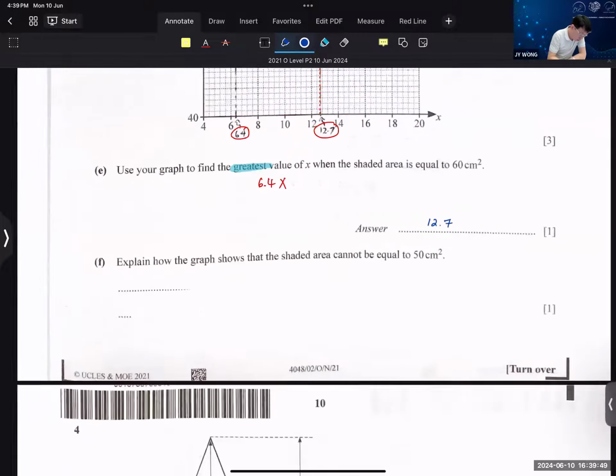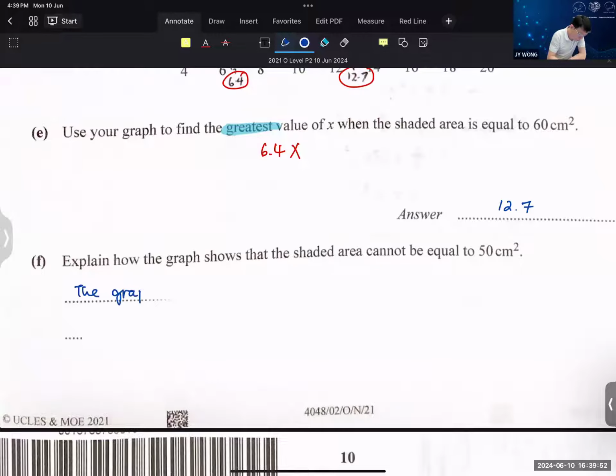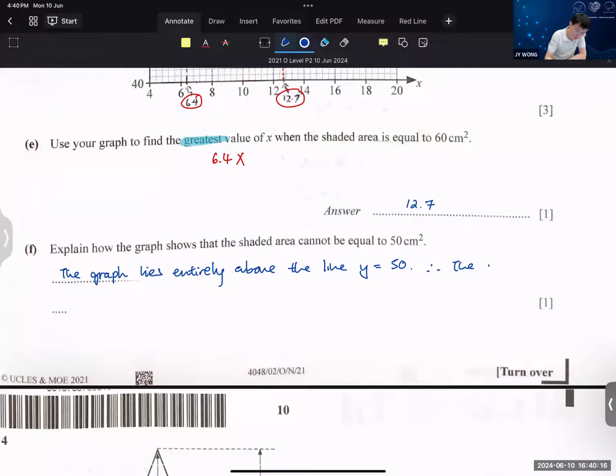Okay, so the graph does not intersect, or rather, you don't just tell me it does not intersect. The graph lies entirely above the line y equals to 50. Therefore, the shaded area must be more than 50 cm squared. Done.